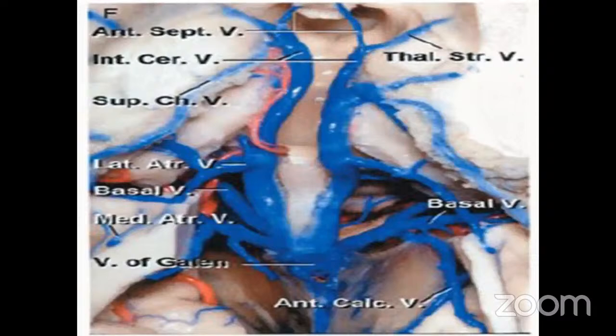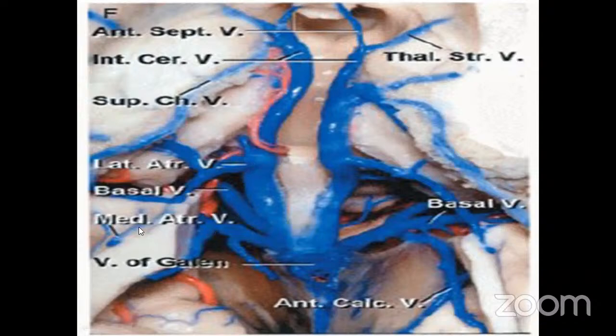In this diagram, the body of the fornix has been removed, and now we can appreciate the veins more clearly. These are the internal cerebral veins, the thalamo-striate veins, the anterior septal veins, and the superior choroidal vein. The lateral atrial vein comes through the choroidal fissure and drains into the distal part of the internal cerebral vein.